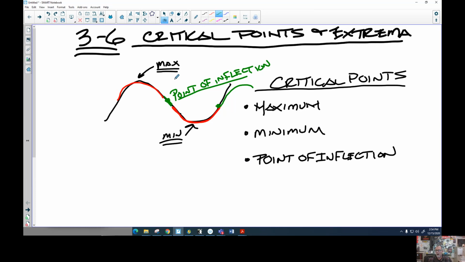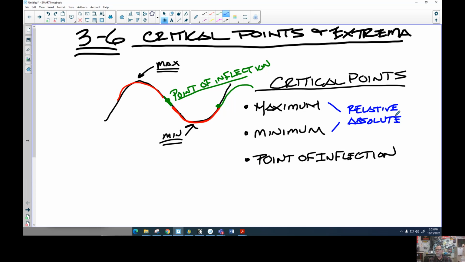All right. Our biggest goal in this section is to talk about our maximums and minimums. When we talk about a maximum or a minimum, there are two types of these. Your book will refer to them as a relative max and min, or an absolute max or min.